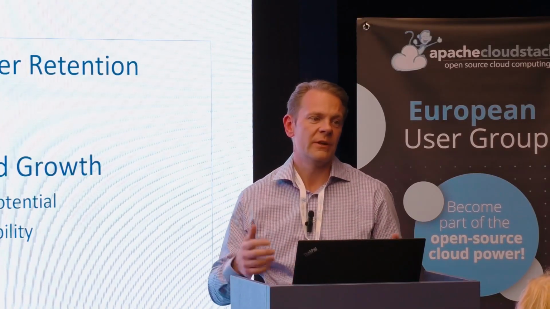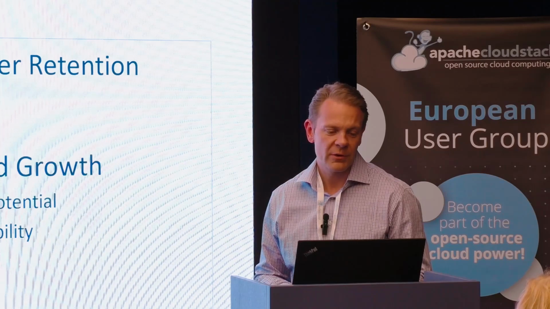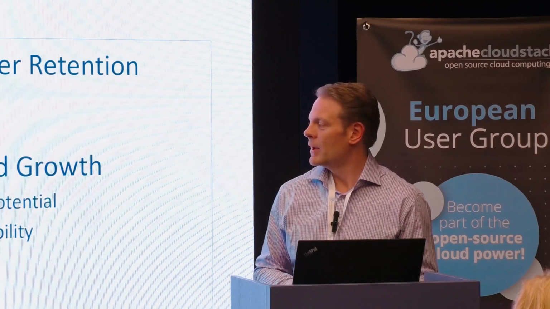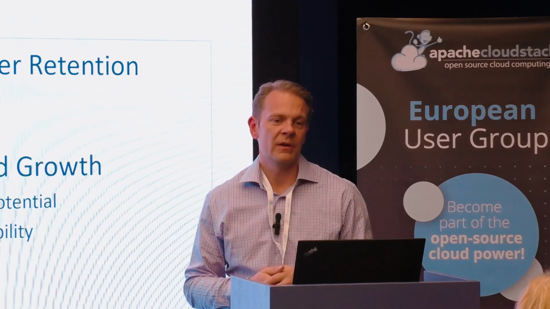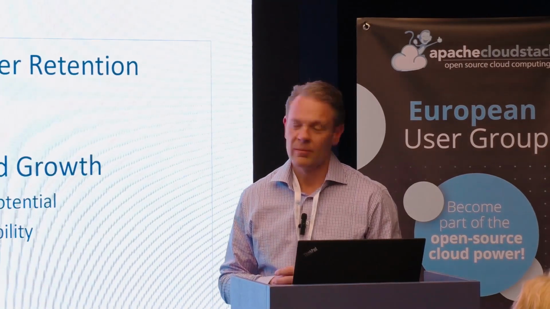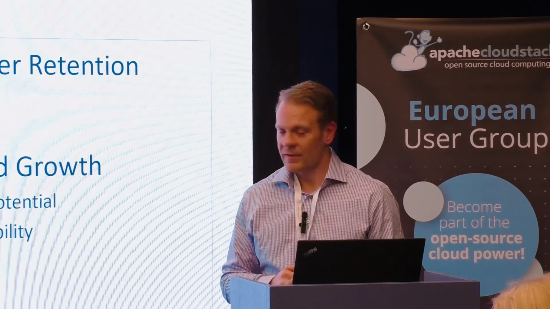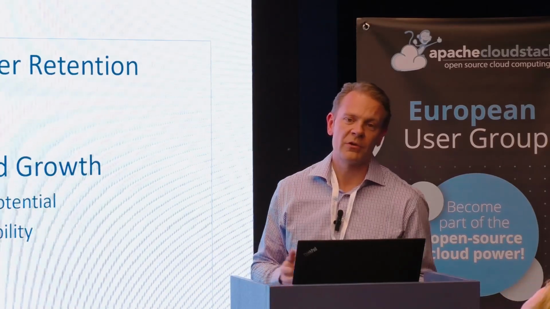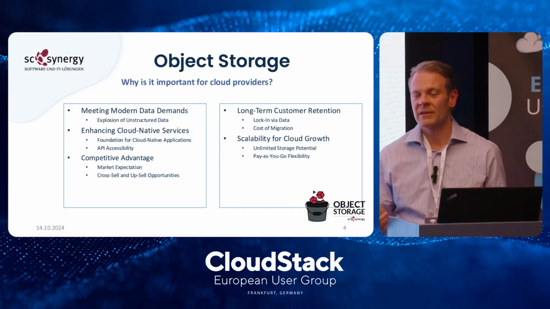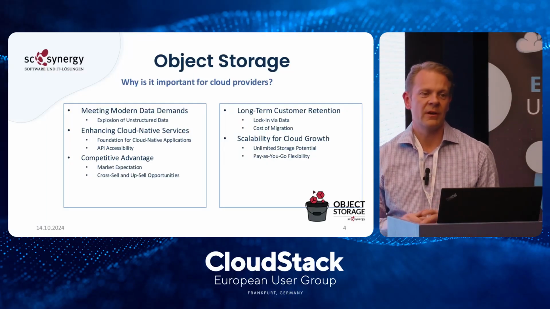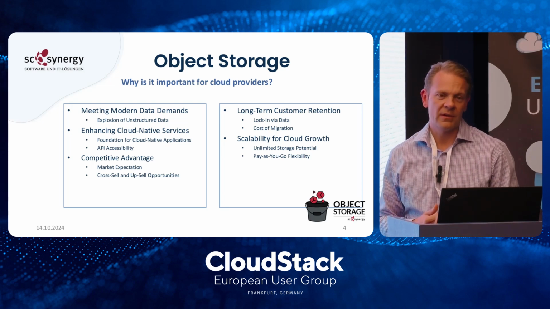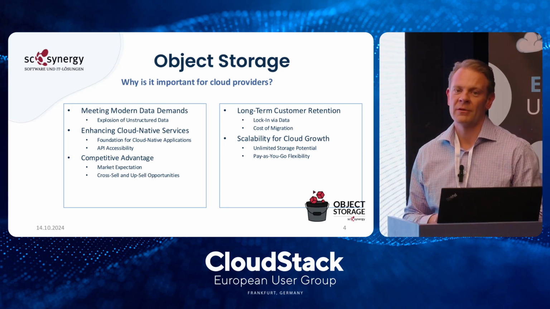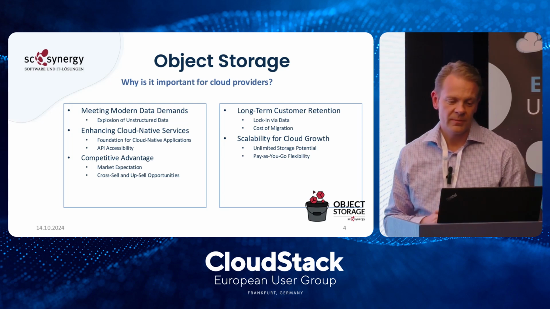So the market is really demanding object storage. And there are a lot of cross and upsell opportunities in your current customer base. And long-term customer relationship, so storing data, especially when it is stored compliantly with object lock, is really a customer lock-in on data because it's not easy to migrate.